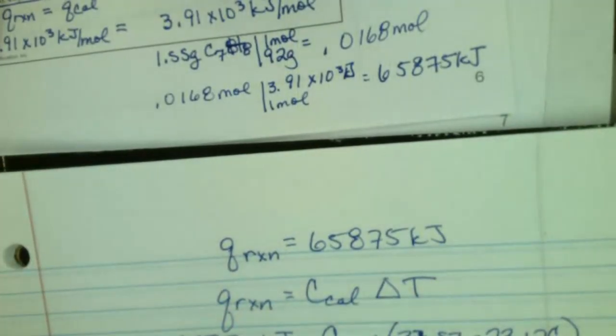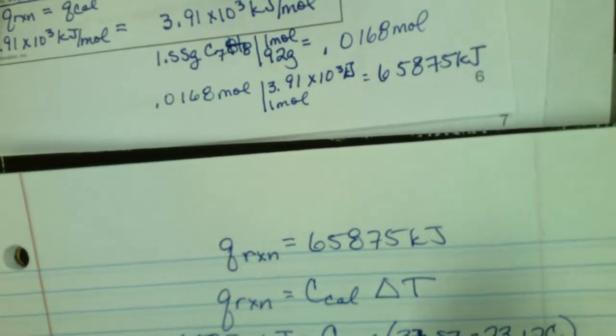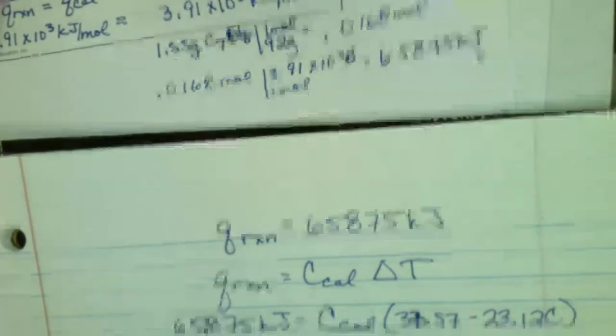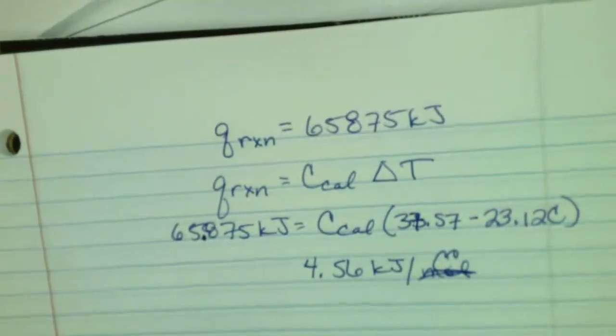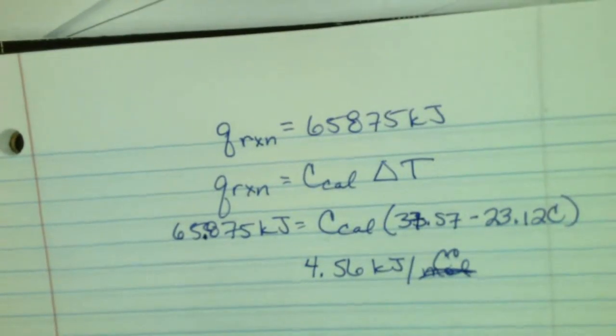That would make more sense. Sorry, somebody has abused my calculator and now I can't see the bottom part of it. That's sad. All right, so that's not per mole, that's per Celsius. And that concludes our bomb calorimeter calculations.